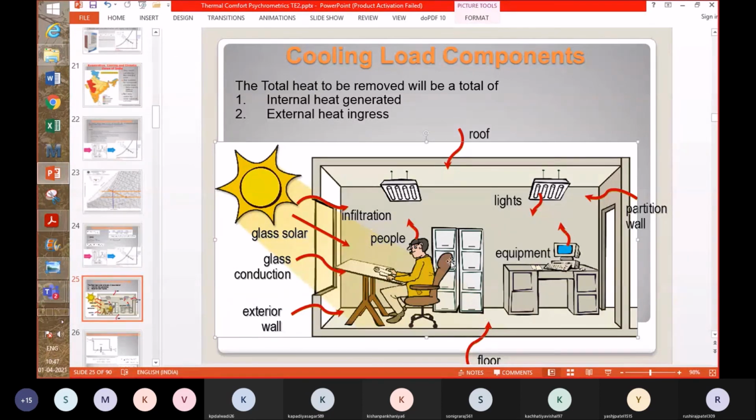Then the people. We are also adding heat into the room because our body temperature is higher than the room temperature, and the byproduct of the metabolic process is heat. The heat is continuously rejected in two forms: one is sensible, another is latent. Latent means there is evaporation of water from the surface of the skin.